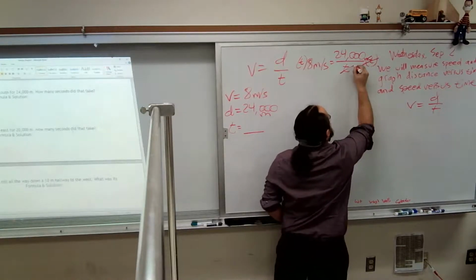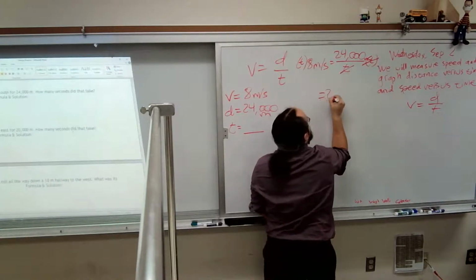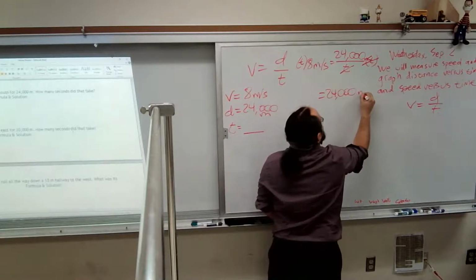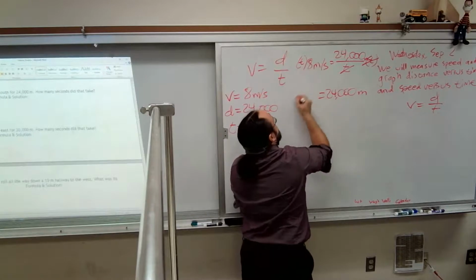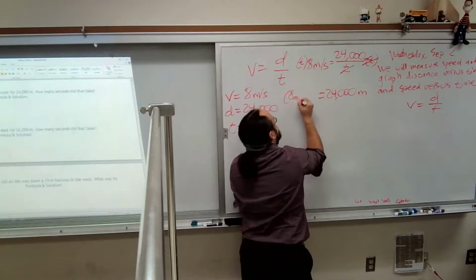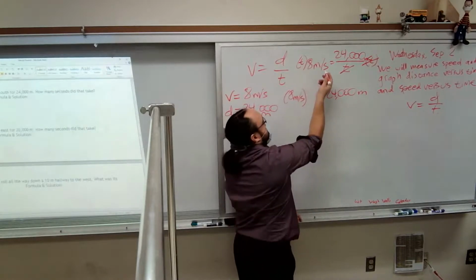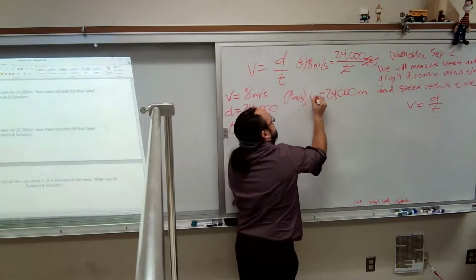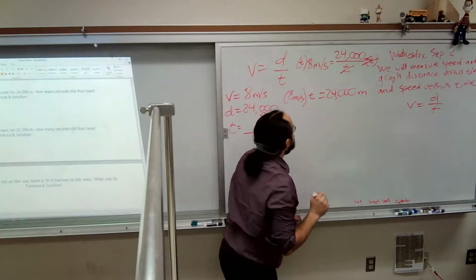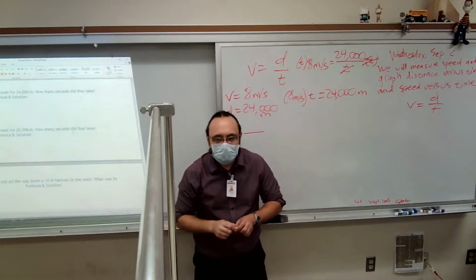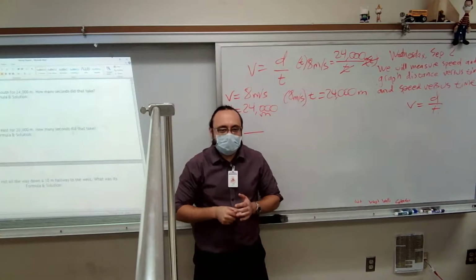This one's on top, this one's on bottom, so it just says equals 24,000 meters over there. And then t times 8, so I can say, due to the commutative property of multiplication, where t times 8 is the same as 8 times t, I'm going to put it 8 times t now. And now it just looks better to me. You know, like you have 2x instead of x2, right?